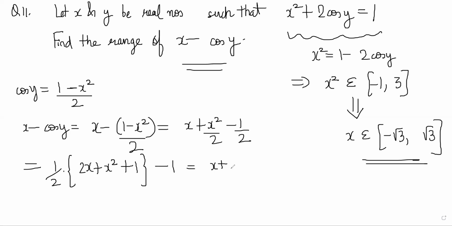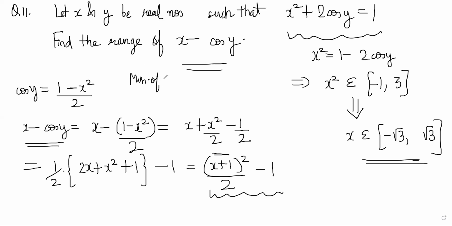So this is (x plus 1) whole square by 2 minus 1, right? So x minus cos y starts looking like this, which means that the minimum value of x minus cos y will happen when the square is 0, right?